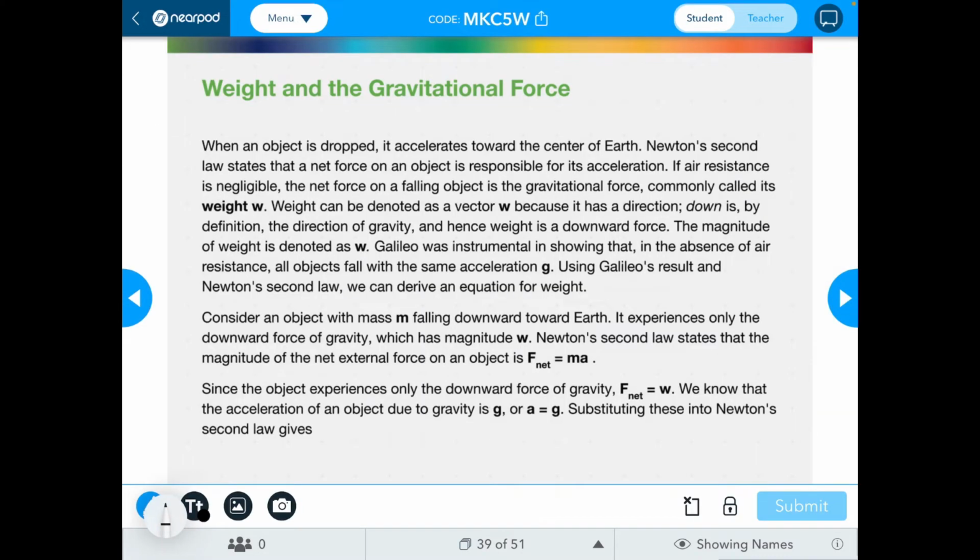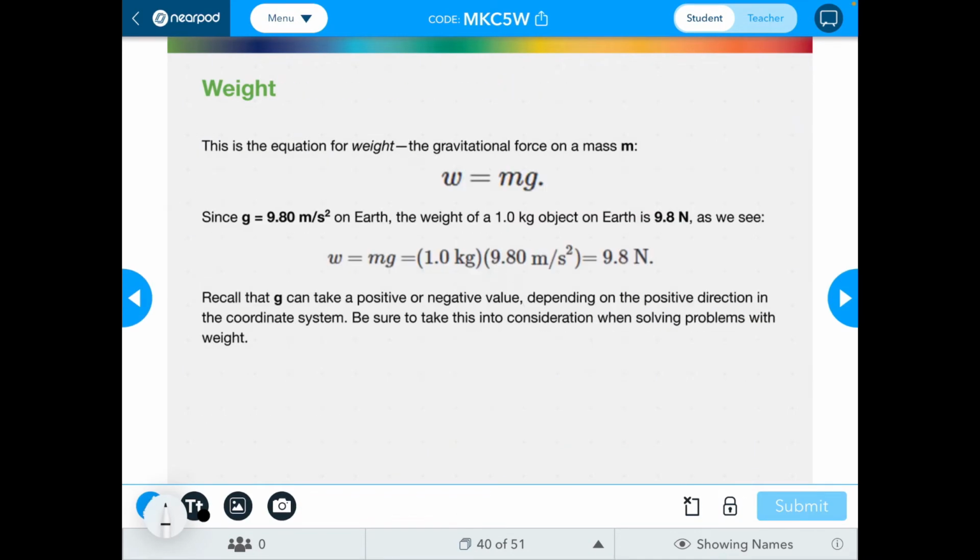So I mentioned this earlier, weight and gravitational force are the same thing. Weight is the force due to gravity. And again, they like to use this W all over the place. I don't like that, but there we go. So weight is just mass times gravity. Instead of mass times acceleration, our gravity is the acceleration in that case. So here's the equation for weight.